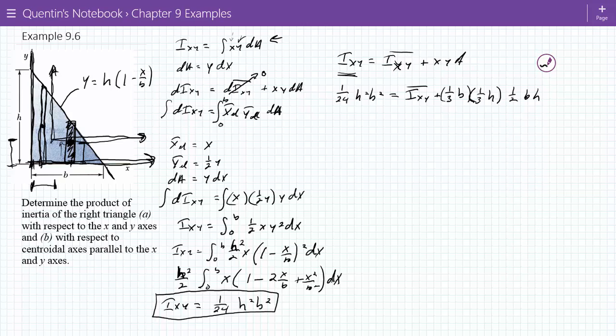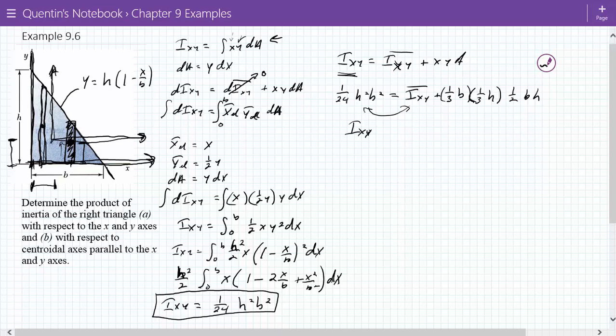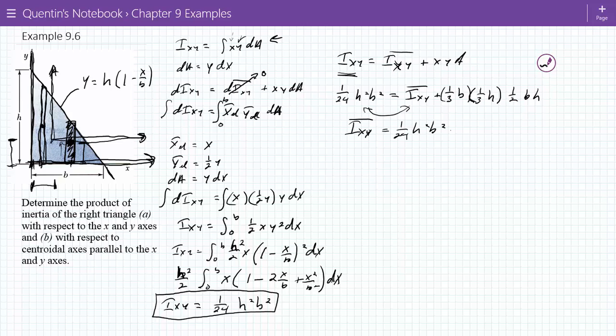So therefore, I'm going to swap sides of these, right? And I'm going to say Ixy bar is 1/24 h squared b squared minus 1/9 times 1/2, 1/18 h squared b squared.